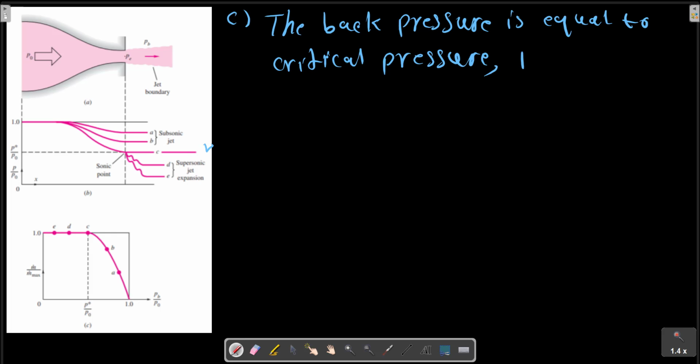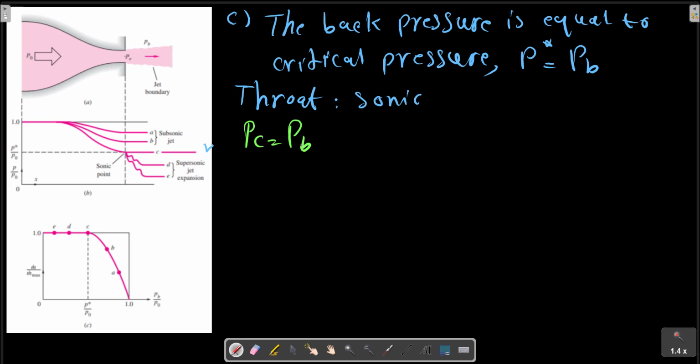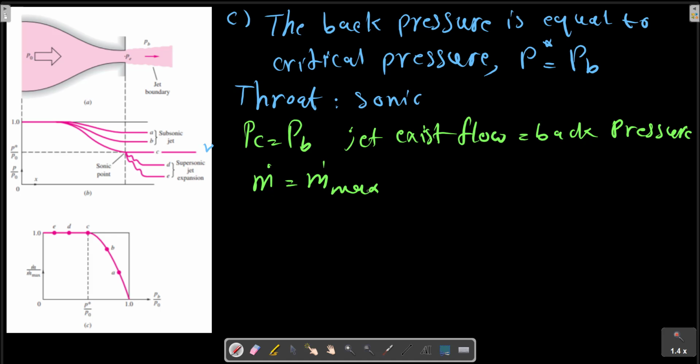The throat becomes sonic, and we have the jet exit flow PC equal to the back pressure, and the mass flow equals the maximum mass flow, as shown also in this picture.